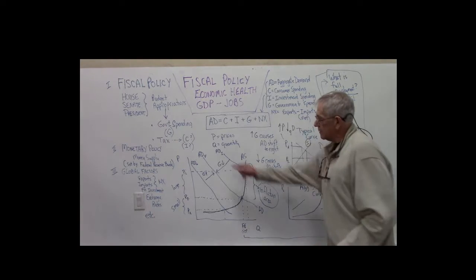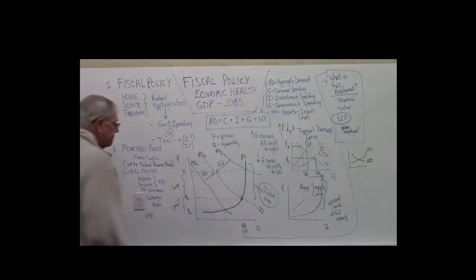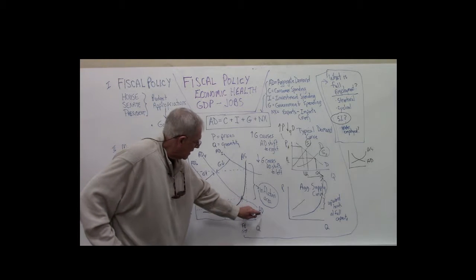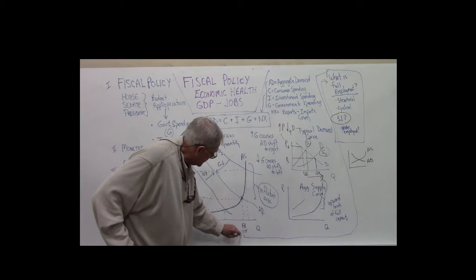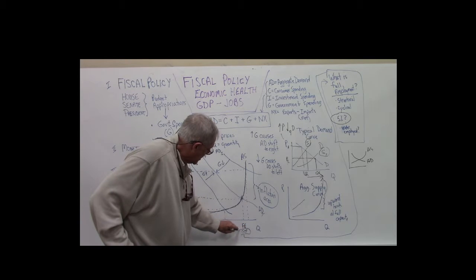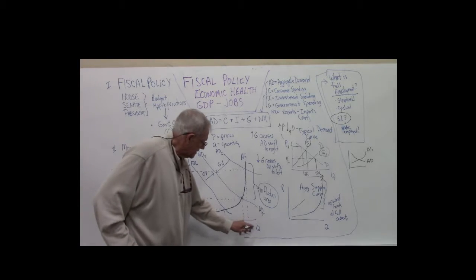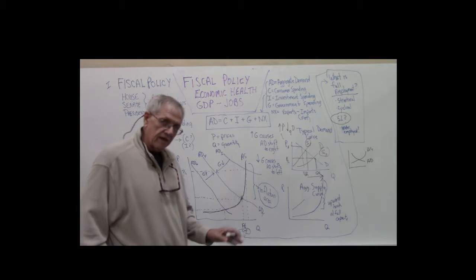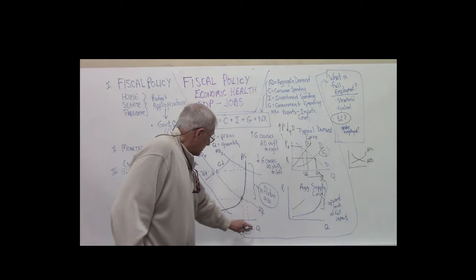And I've got aggregate demand F to mean aggregate demand at full employment. That's ADF right there, full employment. And this is the price level, and this is GDP, Q, the quantity of goods and services in the entire economy, right here.